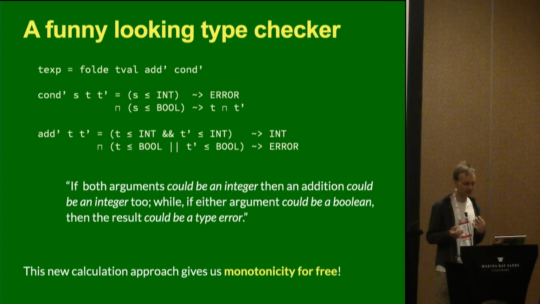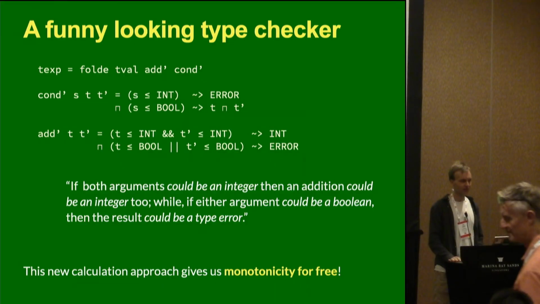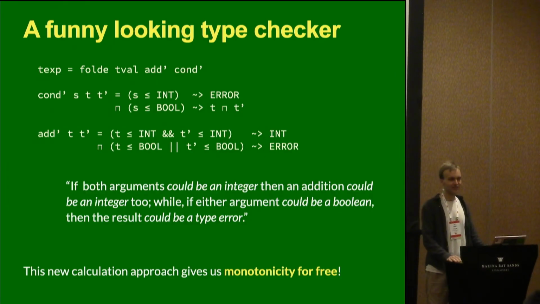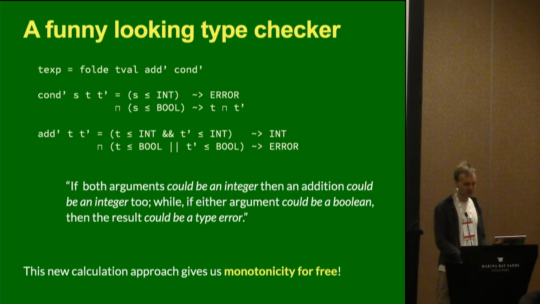Technically speaking, this is could be a type error. But if something can be a type error, then it is a type error. I think this is called Murphy's law or Sod's law or something like that. So this is quite a cool approach. I think this gives us the monotonicity for free, which we needed to apply fold fusion to get our specification.